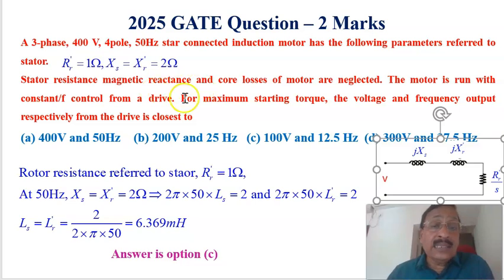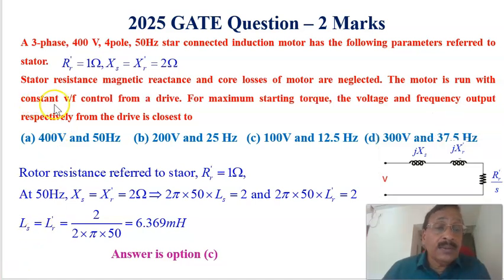The stator resistance, magnetizing reactance, and core losses of the motor are neglected. The motor is run with a constant V by F control from the drive.